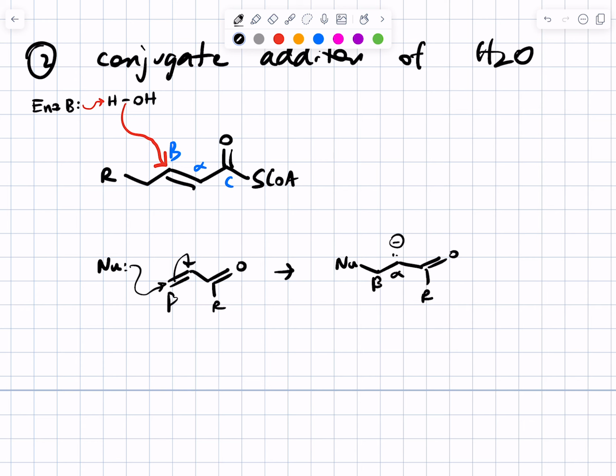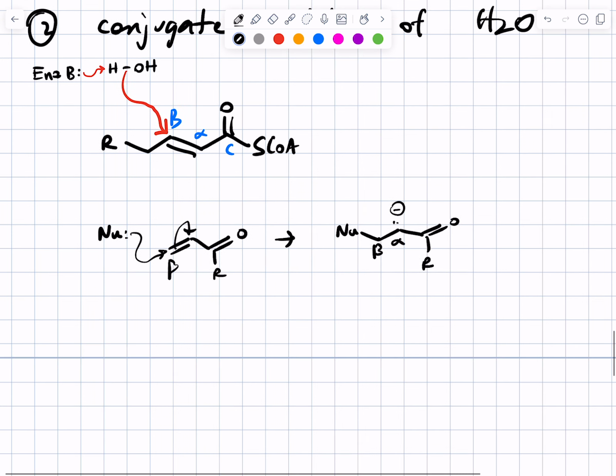We could do that here, but sometimes in enzyme catalyzed mechanisms we simplify, in part because one of the roles of enzymes is to make reactions faster and easier, and one of the ways they do that is by protonating things to turn them into good leaving groups, and or protonating negative charges as they arise, sort of greasing the wheels, because charged intermediates are higher in energy, and so if you can protonate them, maybe the reaction goes faster.